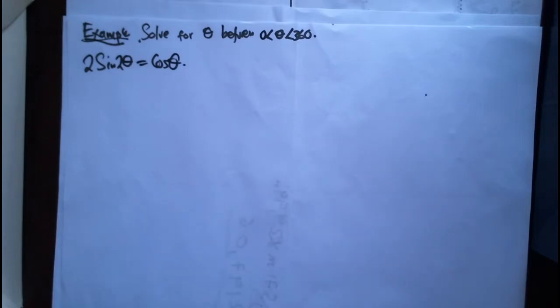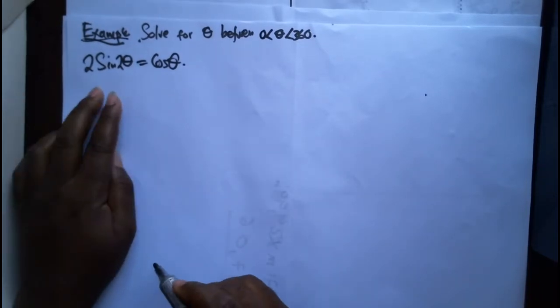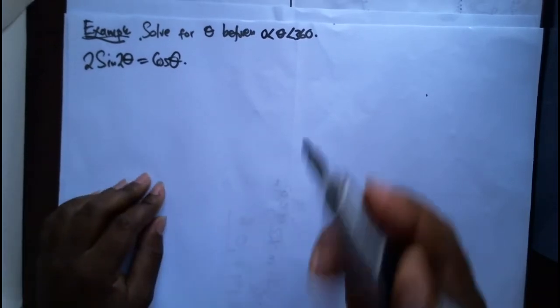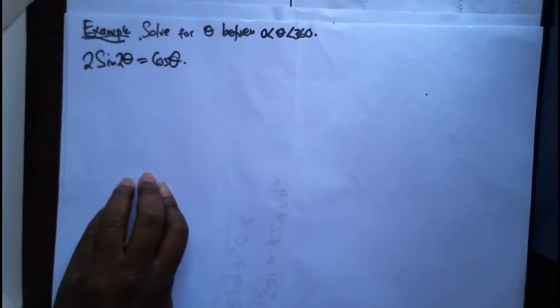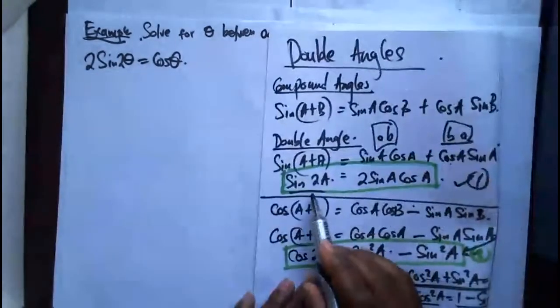So you can see that sine 2 theta is a double angle. How are we going to solve this one? For sine 2 theta, we only have one identity.